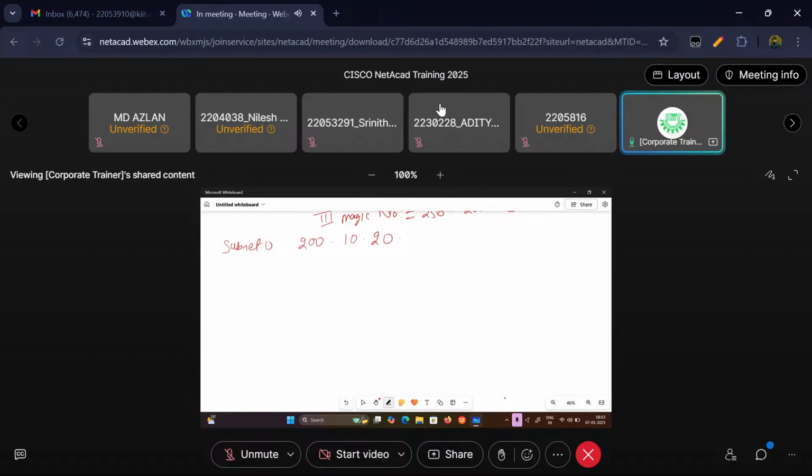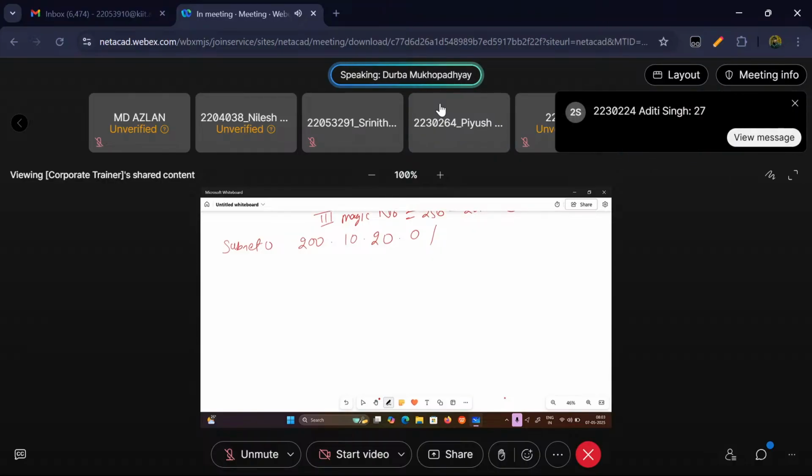That was the first network ID of the given IP, right? 200.10.20.0 slash. What is the new subnet mask I got, as per the requirement of the hosts, as per the requirement of the network? The new CIDR value, slash? Tell me. 27. Slash 27.